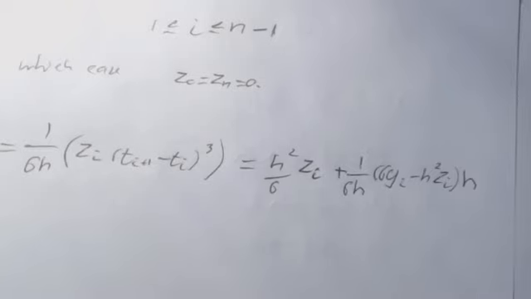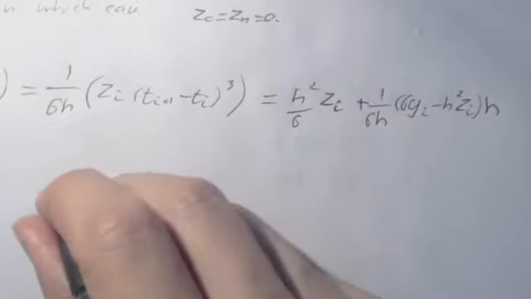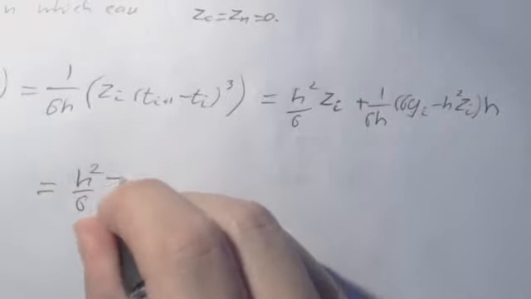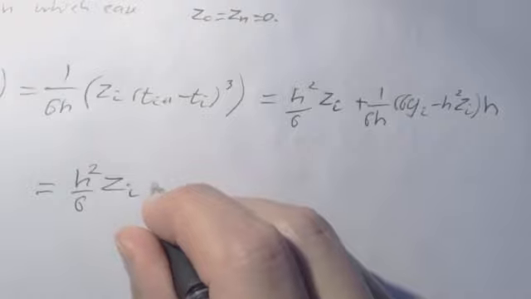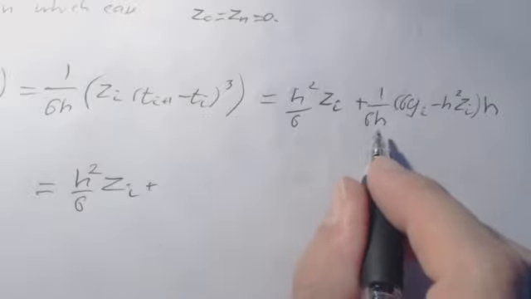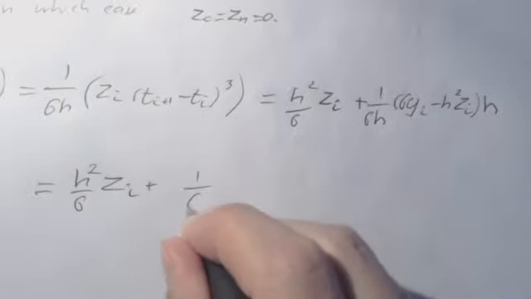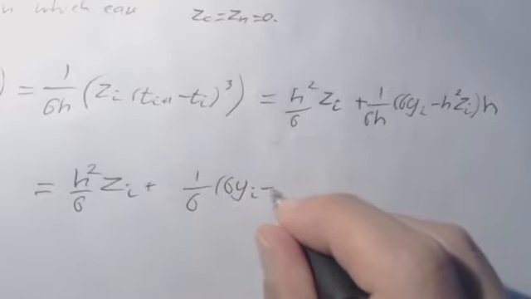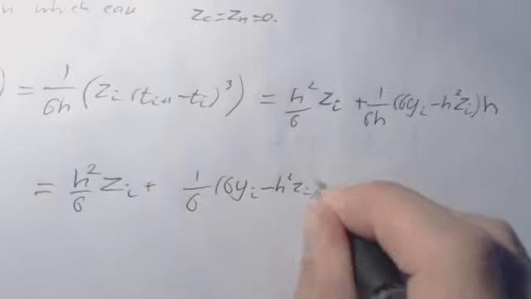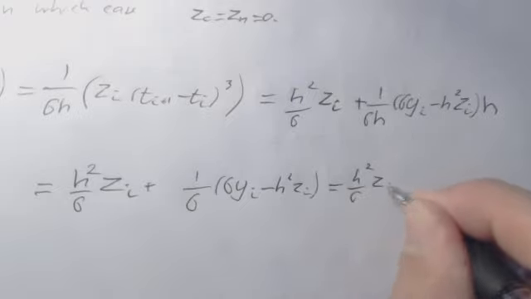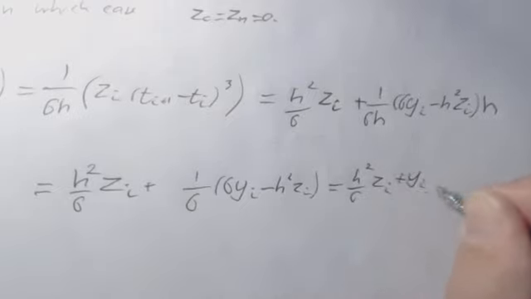So what will this work out to be? Let's see if we can simplify this a little bit. It's equal to h squared over 6 zi plus 1 over 6 yi minus h squared zi, which equals h squared over 6 zi plus yi minus h squared over 6 zi.